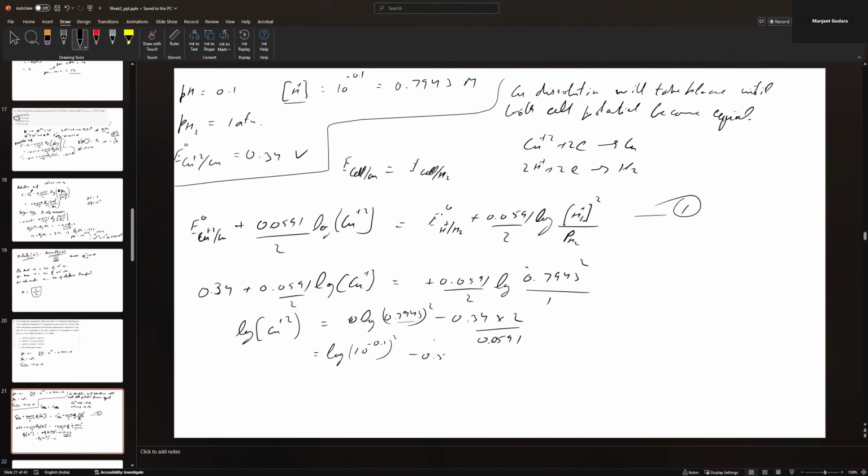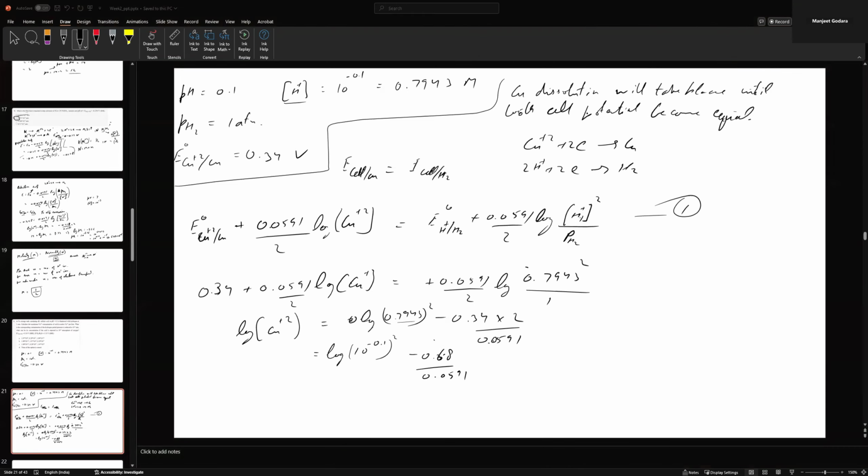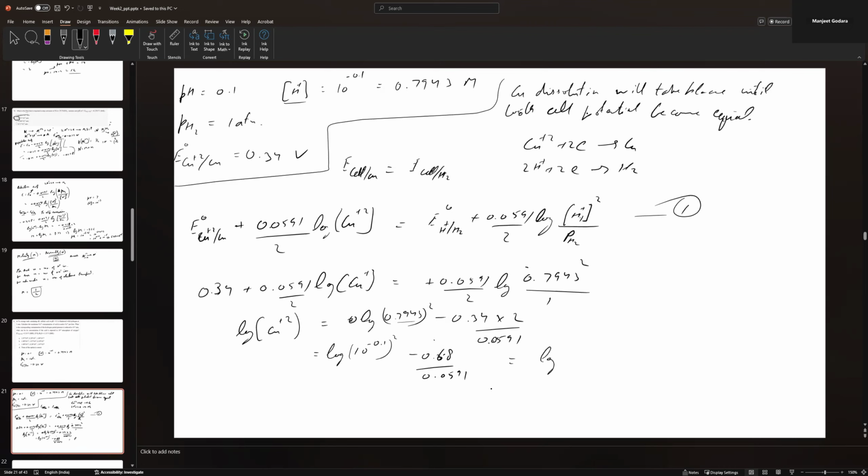Minus 0.368 divided by 0.0591, which is 0.68 divided by 0.0591, equals log of 10 to the power minus 2, minus 11.50.